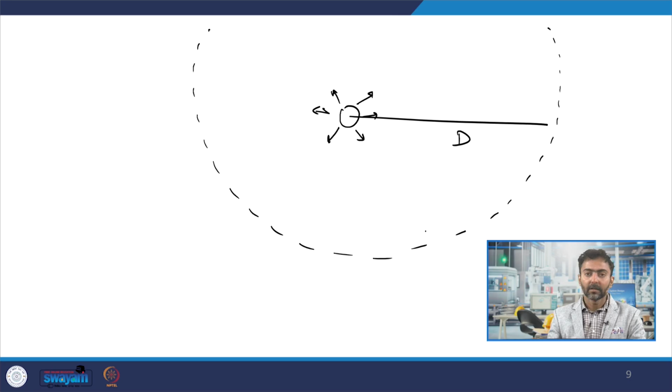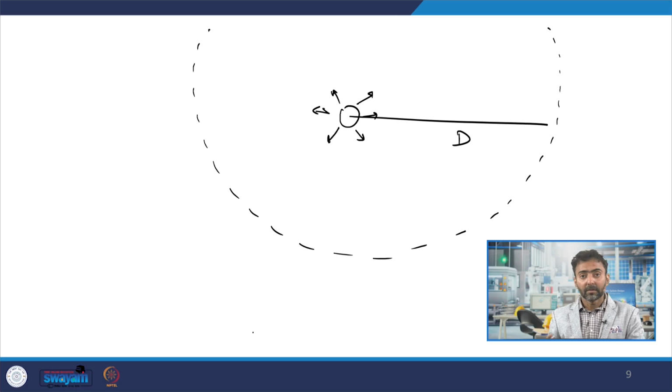The total power intensity which was being emitted by the solar disk, that same amount of power, is spread across this larger sphere whose radius is d.